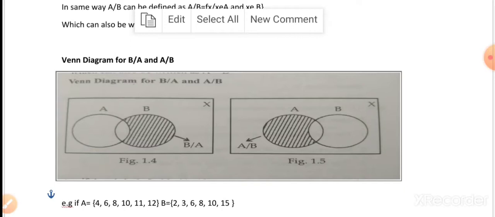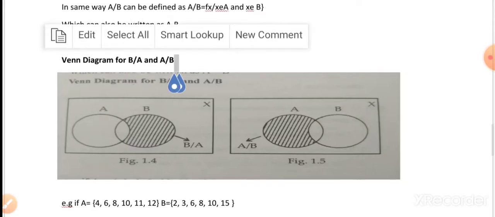Example: A equals 4, 6, 8, 10, 11, 12. There are 6 numbers. Set B has the elements 2, 3, 6, 8, 10, 11, 15.